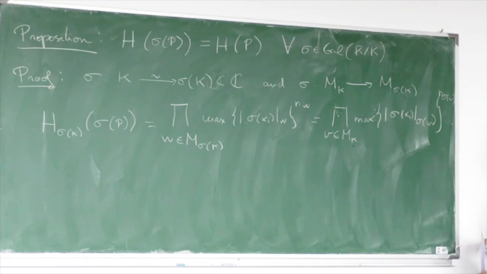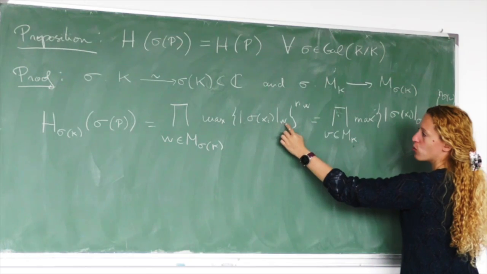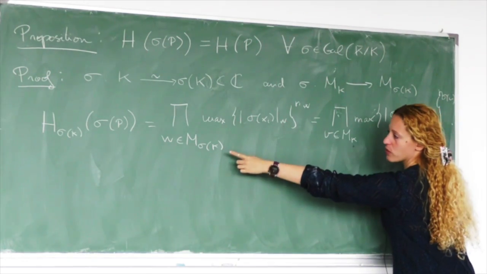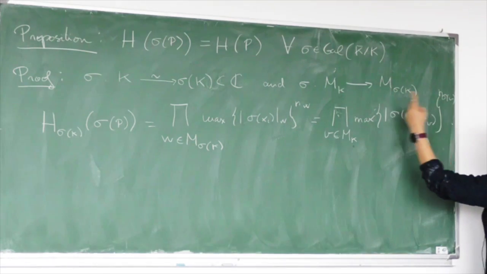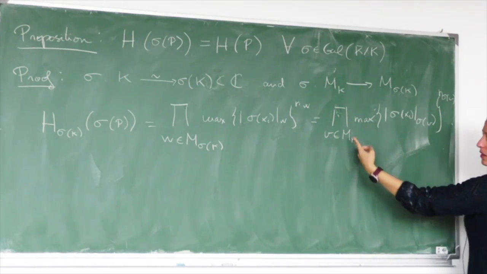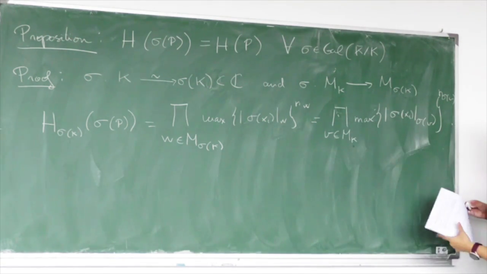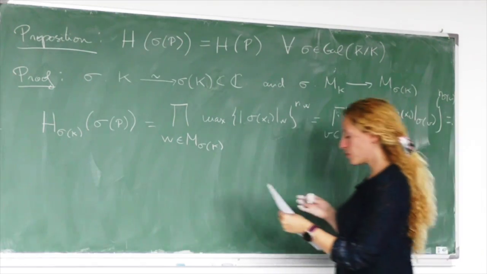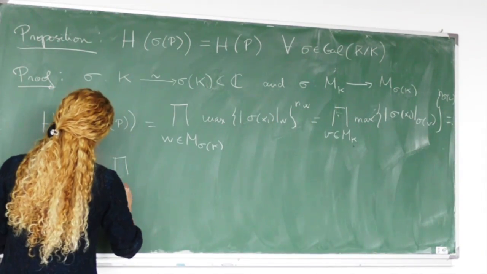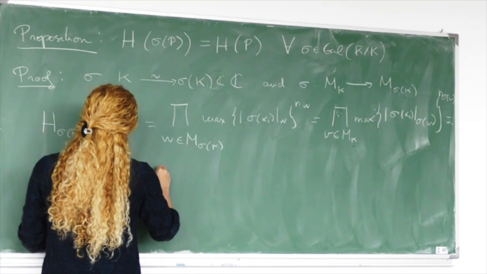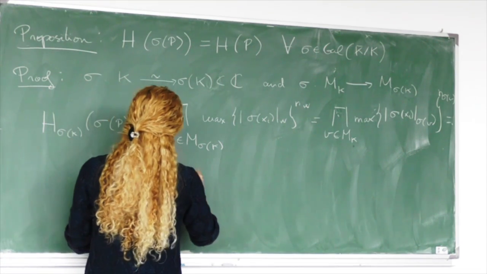The only change is that instead of writing w, where w is a valuation for sigma K, I wrote sigma of v, where v is a valuation of K. This is because this is an isomorphism. And now this is equal to the product of the maximum of what?